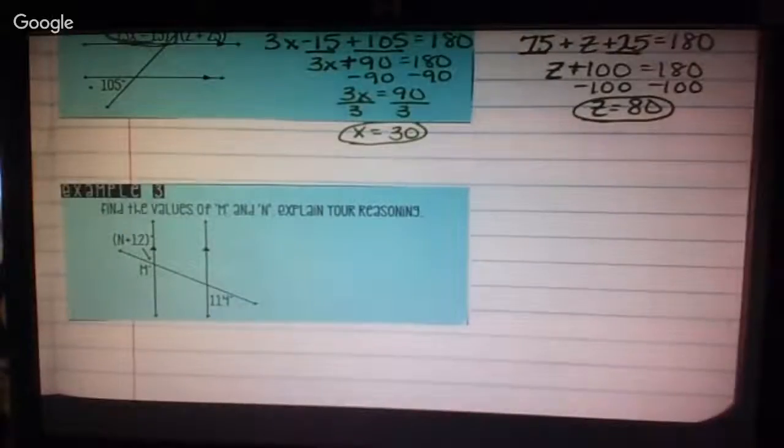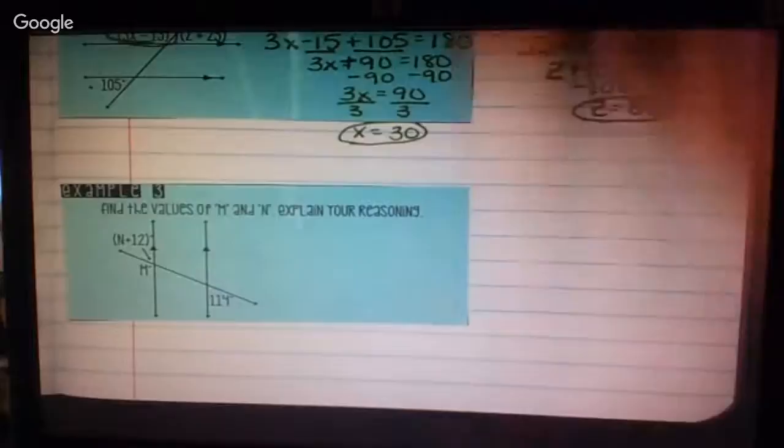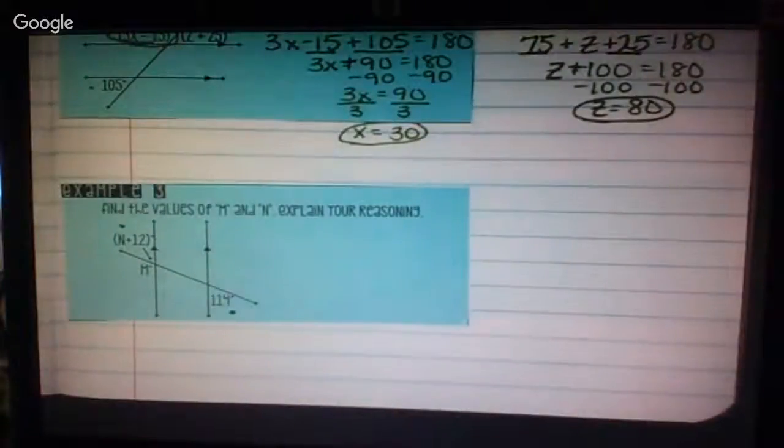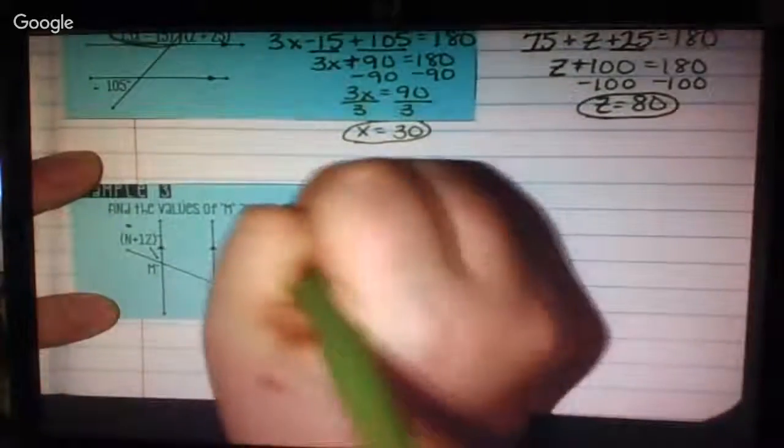I need to find the values of m and n. They're not corresponding. Same side is not it. Okay, let's do this. What's this one and this one? Alternate exterior. I can do alternate exterior angles.